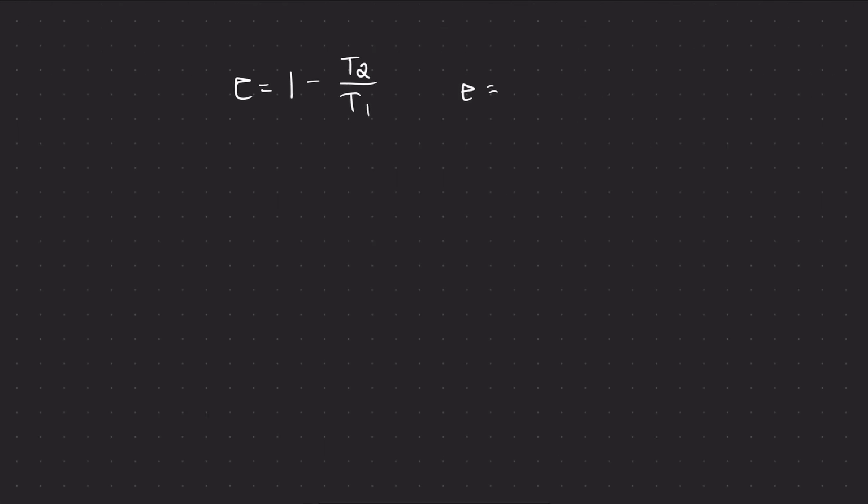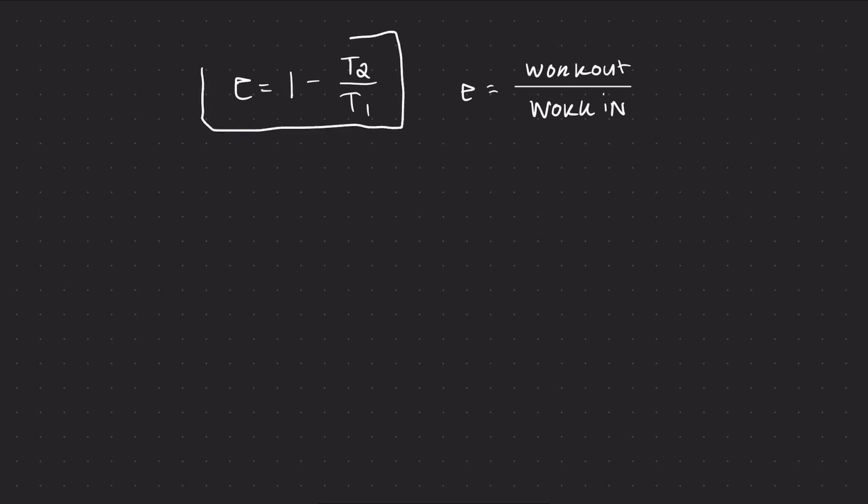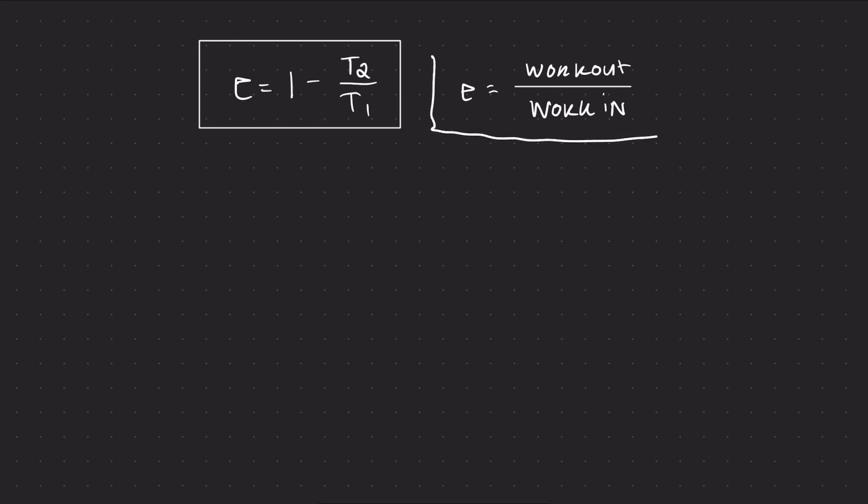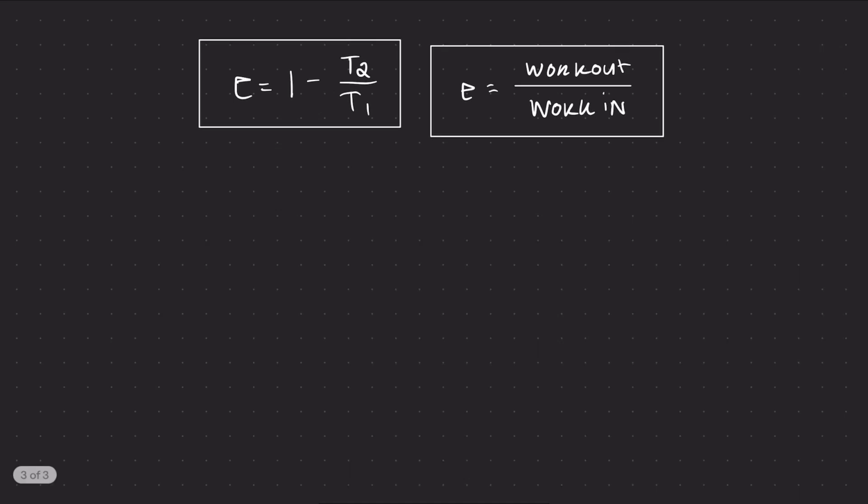The other way we can compute efficiency is the work out over the work in. Now these two expressions don't compute the same thing. The difference is, we'll call this efficiency 1 and this efficiency 2.